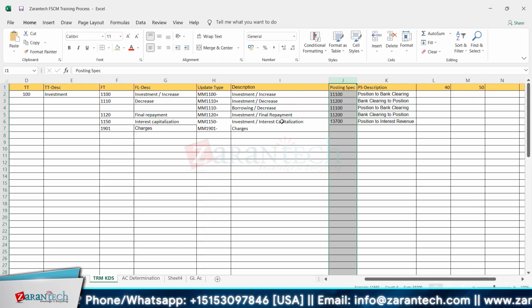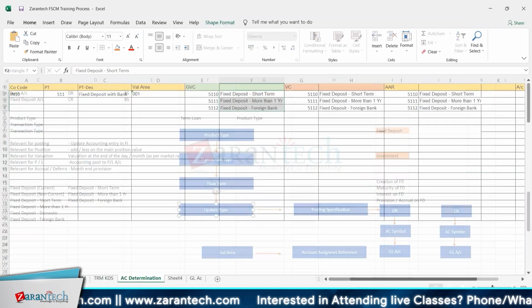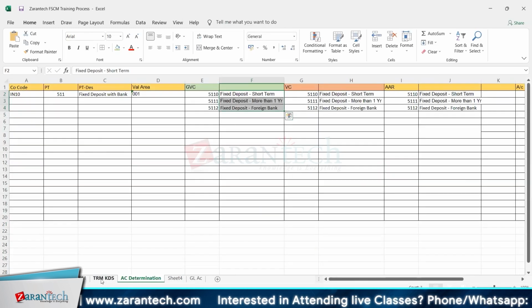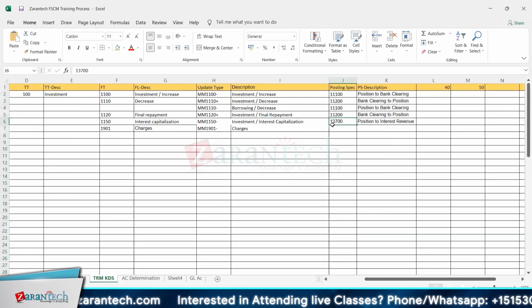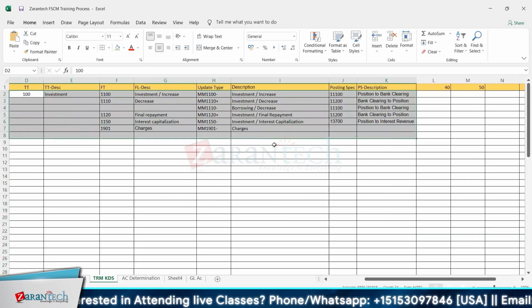Currently we are going to use the standard, but I will show you how we create a flow type, update type, posting specification, and then the account symbol. We'll create that. For every client, you have to create a new update type, flow type, everything.